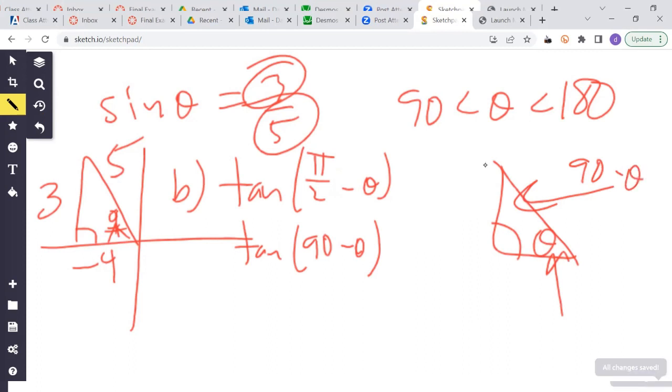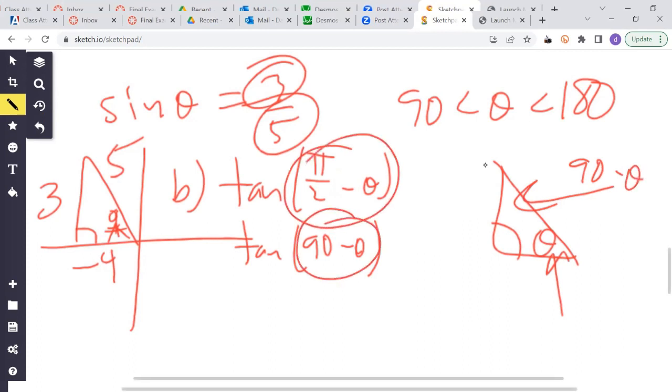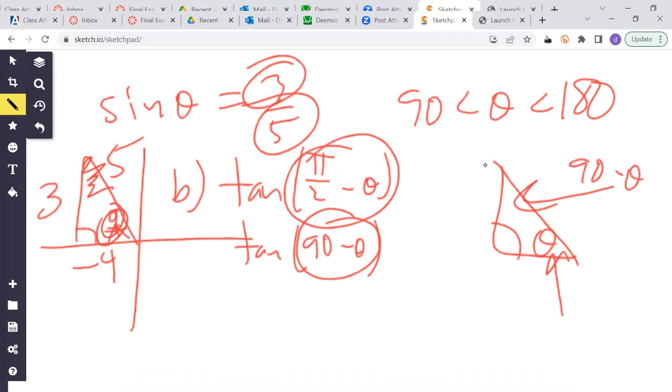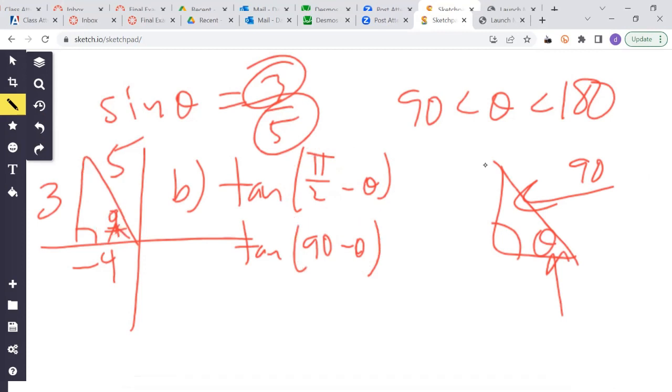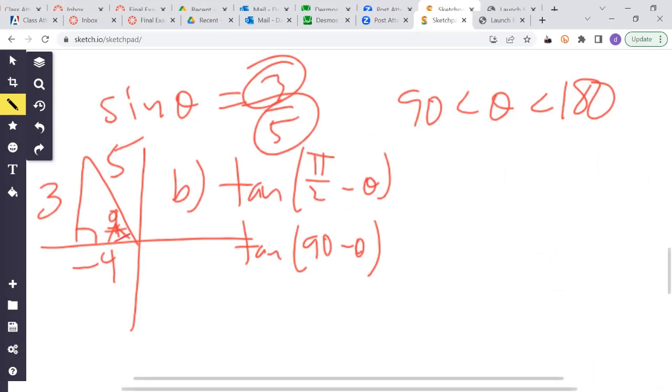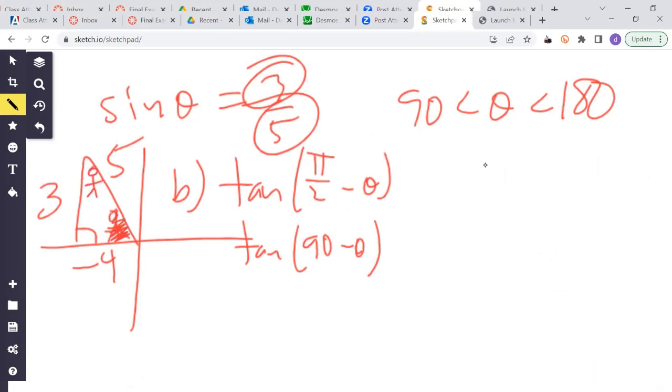So pi over 2 minus theta, aka 90 minus theta, just means the other location, not where you currently are. So for part B, we go for a walk. Instead of here, we are now right there. You switch your location.